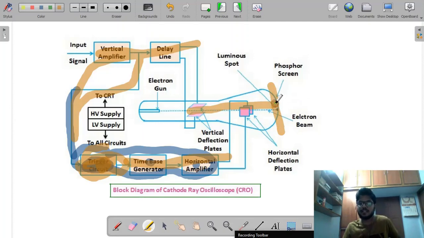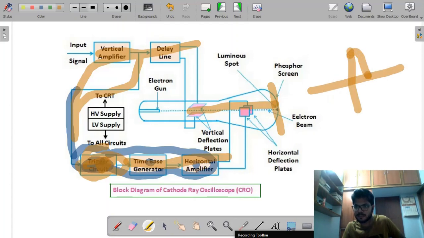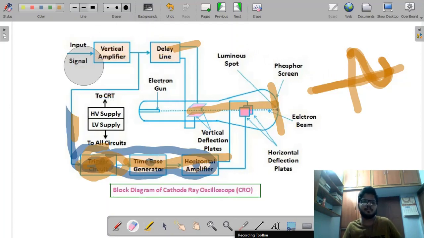If there is no synchronization, our signal won't be represented correctly on the CRO. So there must be synchronization, such that when the x-axis comes, at the same time the y-axis should be produced. Now what is a time base generator? Wait, I will draw.